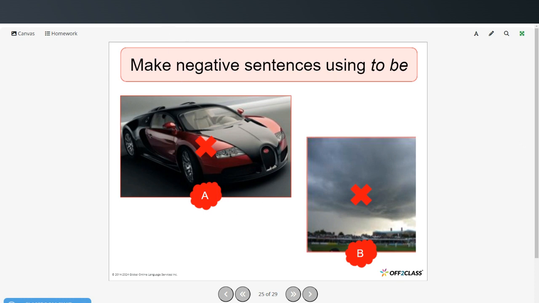So, see if you can make some negative sentences using the verb to be. You can pause, try that on your own, and then restart when you're ready to continue. And these are just some possible answers. You might have different answers. So we could say something like, this car isn't old.